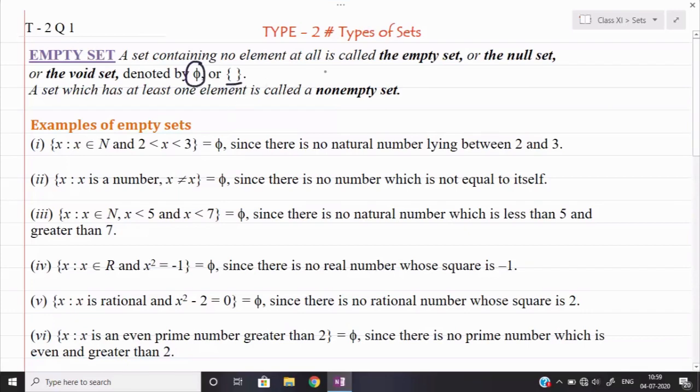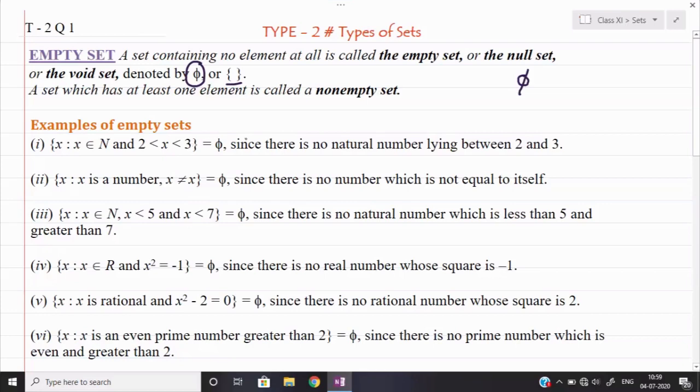This symbol is very easy to make: make one small circle and then make a line from the circle. So this is the symbol of phi. If a set does not have any element, then we say that it is an empty set.